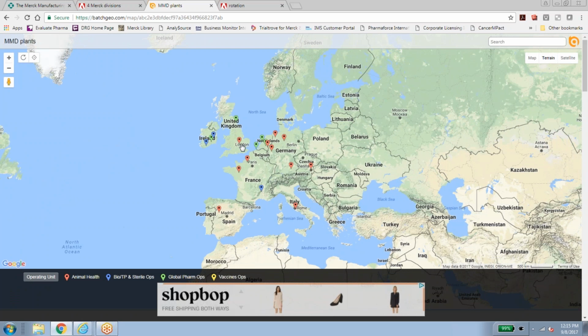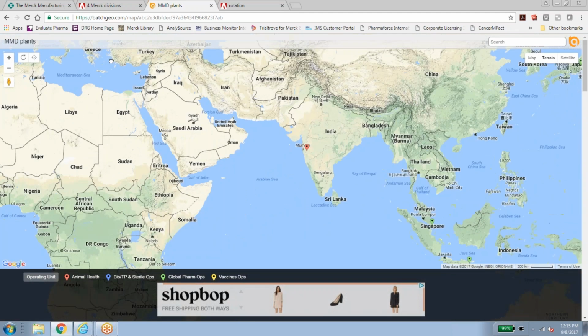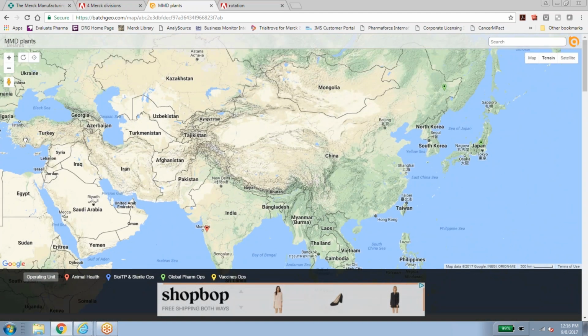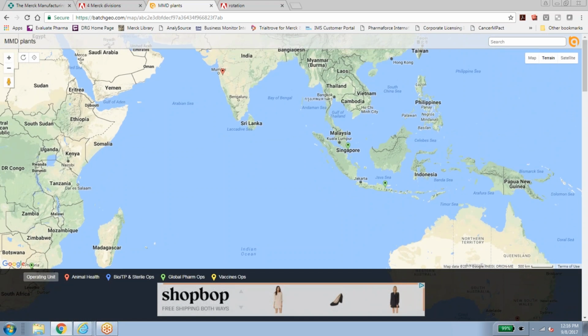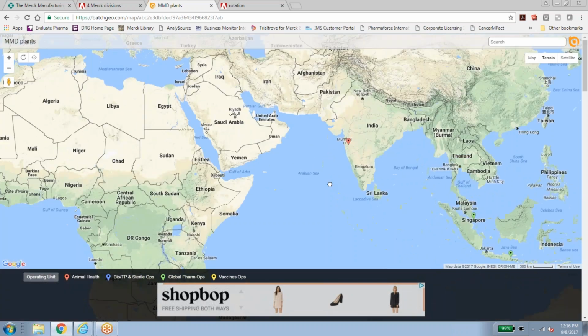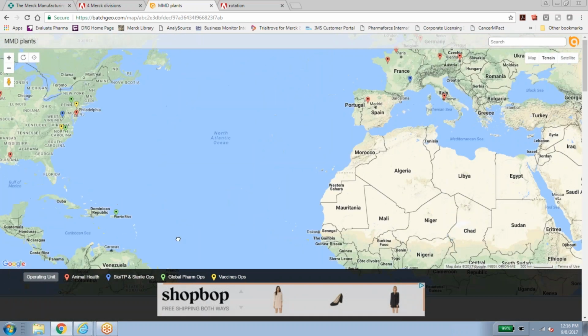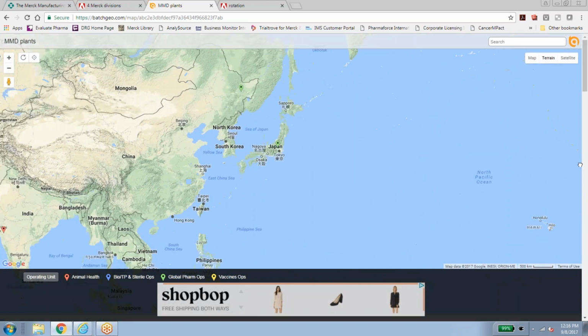We also have an expansive network in Europe, and also moving into the Asia Pacific region, specifically in Singapore and in China. We have some significant operations as well.